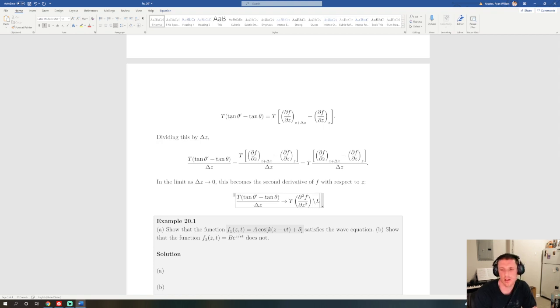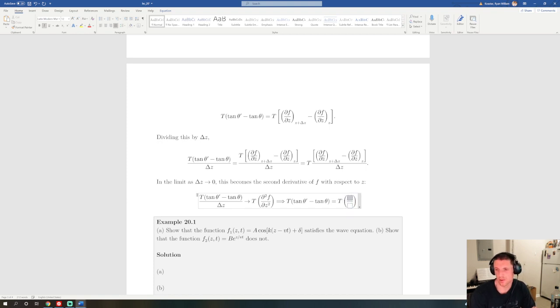Well, this allows us to write then that, now just multiplying both sides by delta z, this expression that we found for the net transverse force works out to be t times the second derivative of f with respect to z times delta z, right?